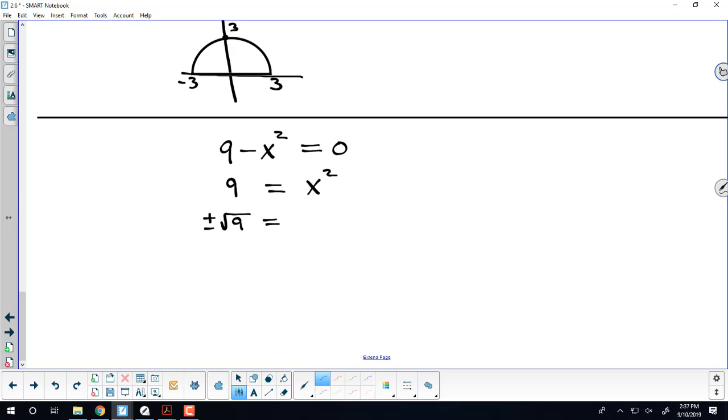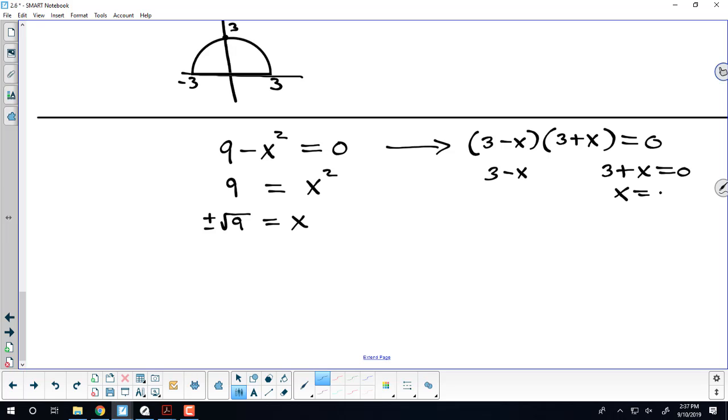The other way to see it is that 9 minus x squared is a difference of squares, so we factor it as 3 minus x times 3 plus x. So 3 minus x equals 0, or 3 plus x equals 0. There are two ways to think about it.